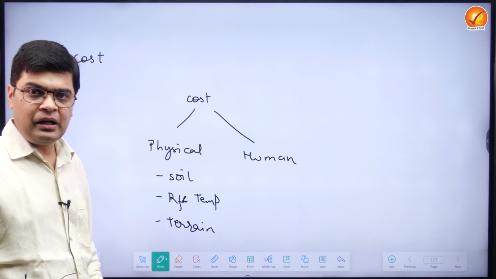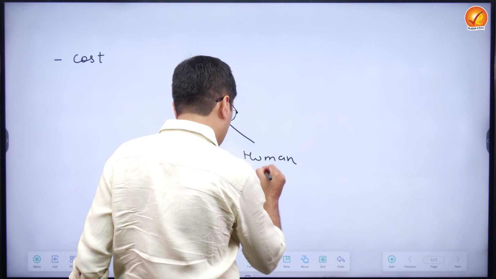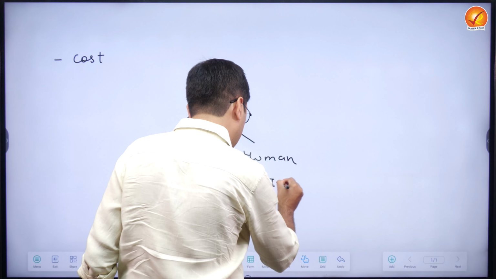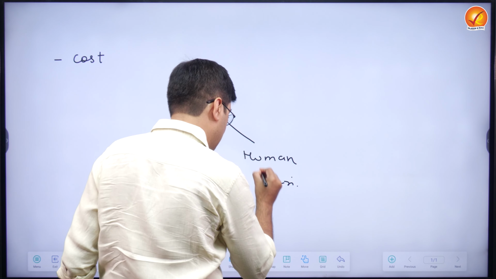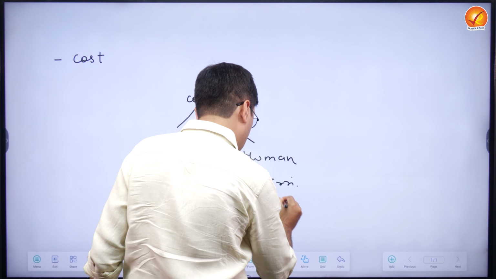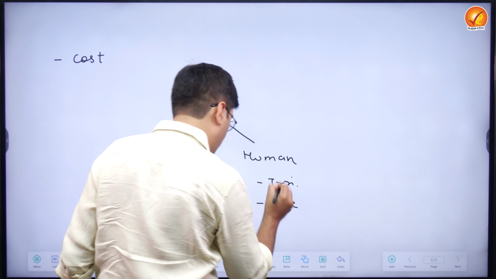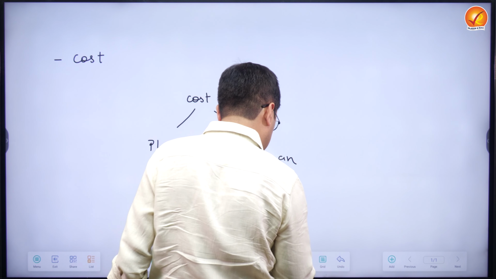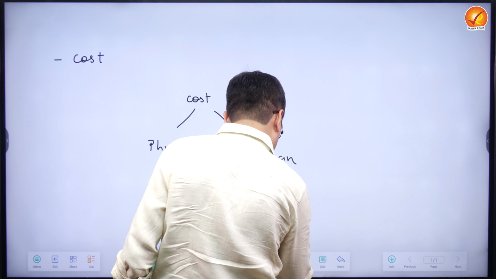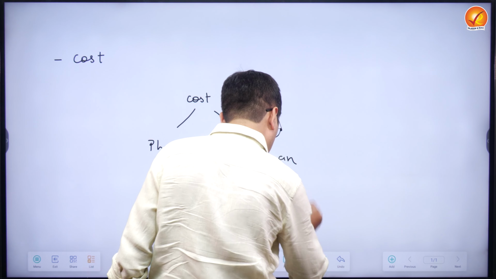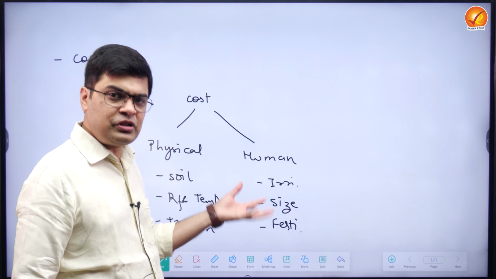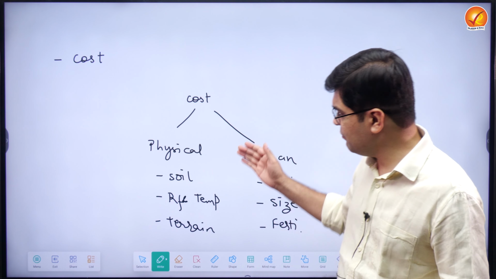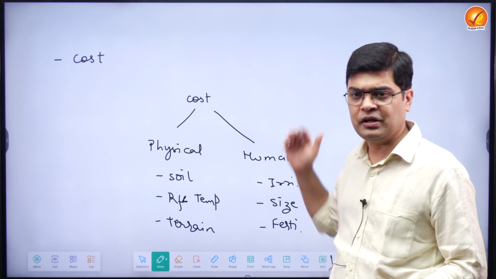Human factors, it can be dependent on the irrigation facilities available, or let's say the size of the farm holding, or for example the fertilizer availability, or let's say usage of machines. So cost would vary from one part of the country to another part of the country.